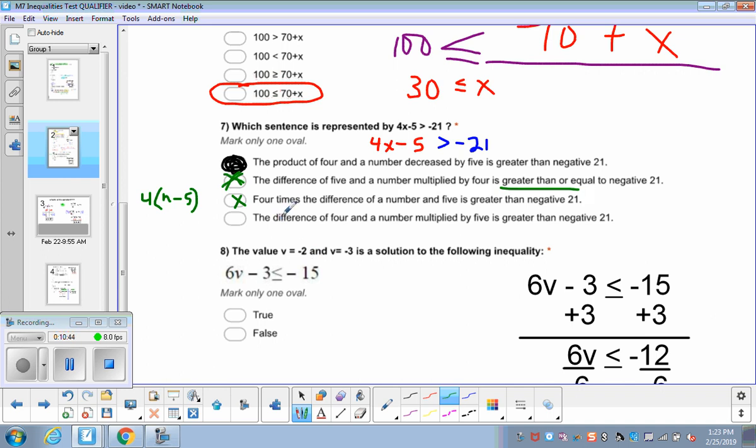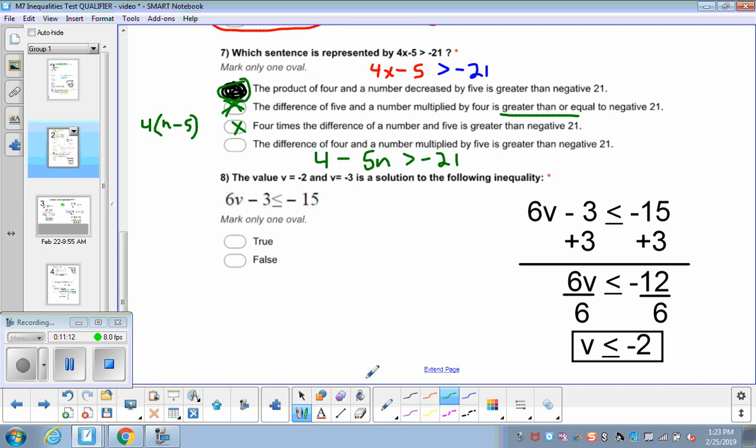And the last one, the difference of 4 and a number multiplied by 5 is greater than negative 21, has the 4 and the 5 flip-flopped from what we want. So the correct answer here was the first one. The product of 4 and x is 4x, decreased by 5, minus 5, is greater than negative 21.